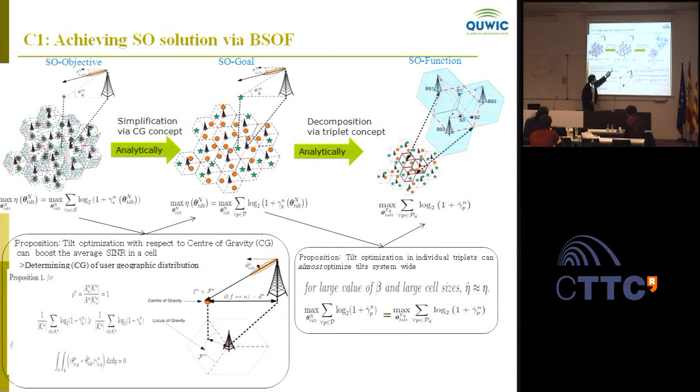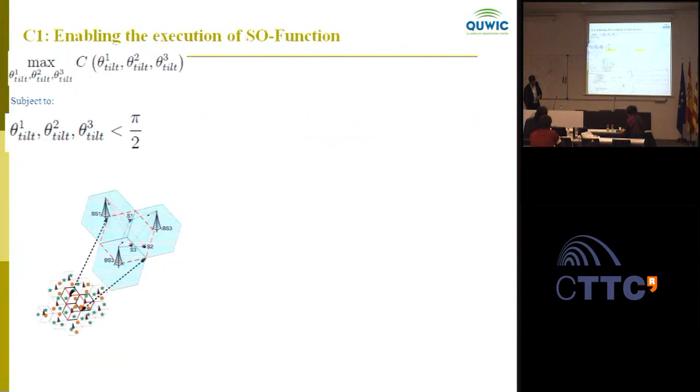We were able to simplify it by the center of gravity theorem into a simpler goal, the V formation, and we are able to achieve that V formation approximately, and we are expecting some gains. Before expecting some gains, we need to solve the optimization problem we had. Now the optimization problem is only a function of 3 tilt angles. We are assuming sectorization is there, of course.